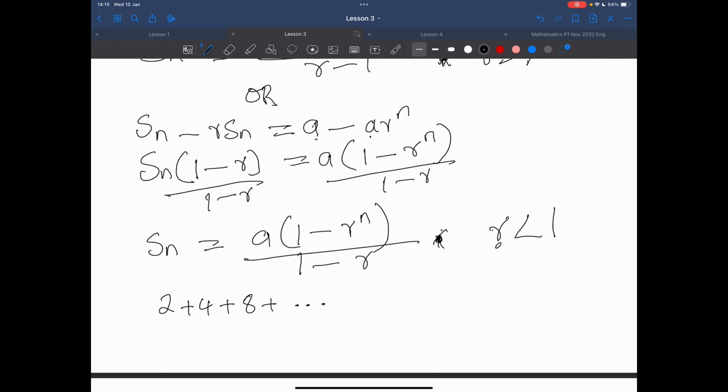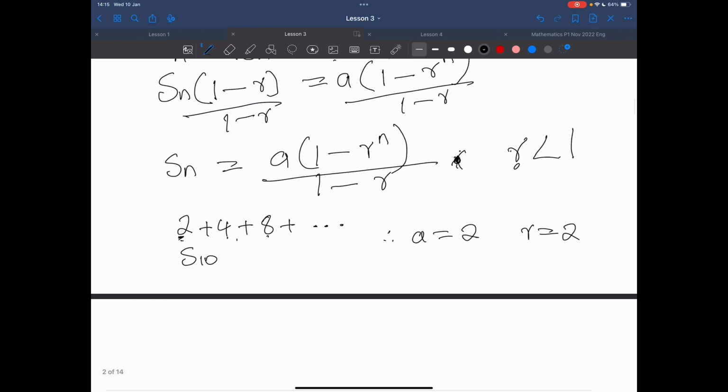Let's say we want to add 10 terms, so we want S10. We have already seen that a is 2, that's the first term. And r is also 2, we have already done it, 4 divided by 2 or 8 divided by 4. So in this case, a is 2, r is also 2.